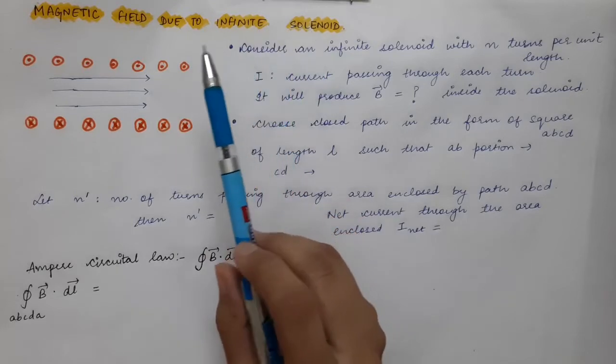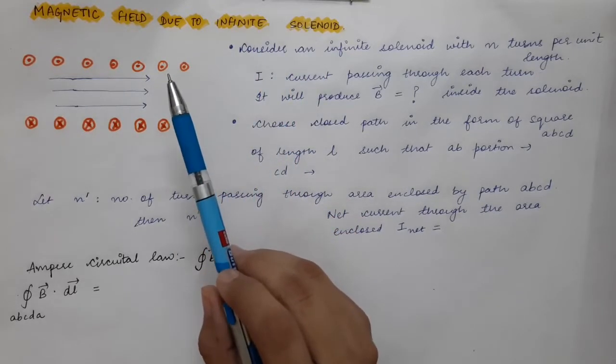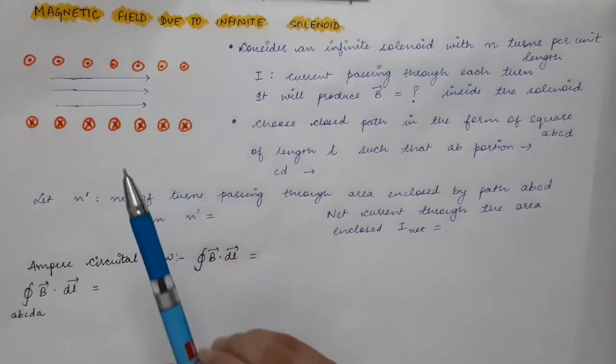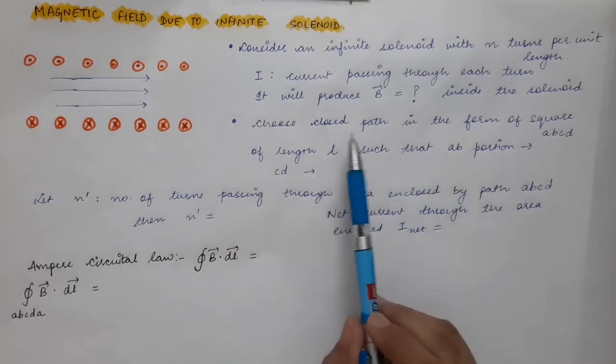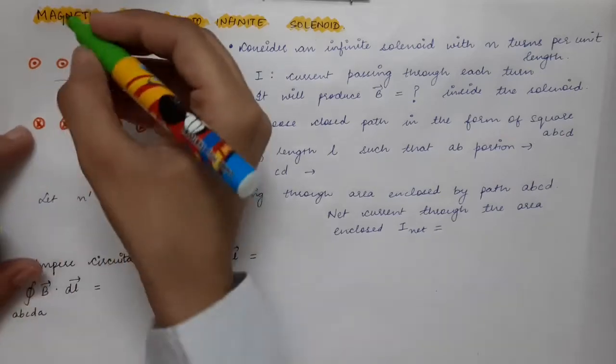To find the expression of magnetic field using Ampere's law, we will have to draw a closed path. So in this case, we will draw a closed path in the form of a rectangle.